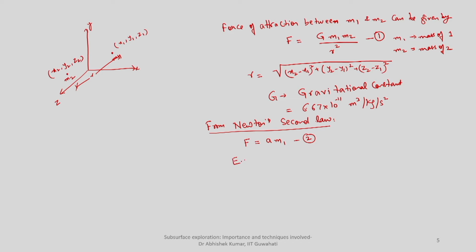So, we can equate equation 1 and 2, we will get A times m1 equals G m1 m2 over r square. So, you will get, if m2 you consider the mass of the earth, and r you consider the radius of earth.